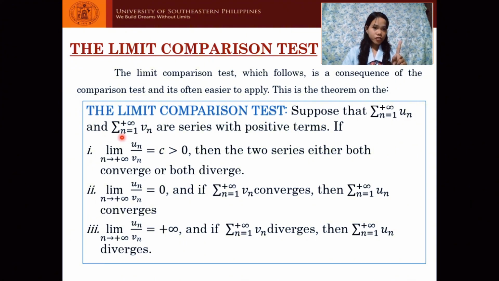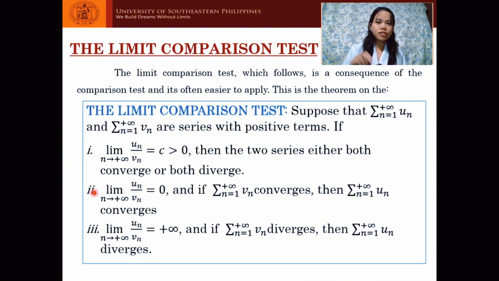The first condition is that the limit of u sub n over v sub n as n approaches positive infinity is equal to c, where c is greater than 0, like 1, 2, 3, 4. Then the two series either both converge or both diverge.